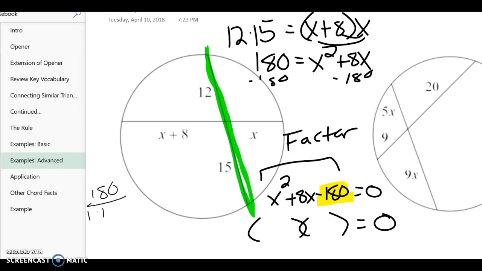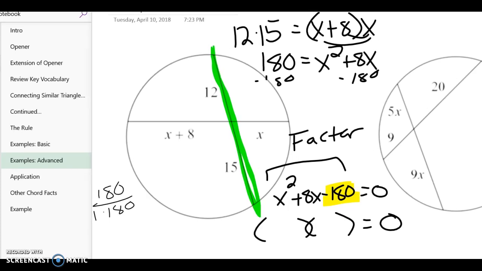I can do 1 times 180, I can do 2 times 90, and so on and so forth. But to get to the gist of this, eventually listing these factors, I would get to 10 times 18. What happens if I subtract 10 and 18? Well, I either get positive or negative 8. So the only way I can get x squared is to do x times x when I distribute.